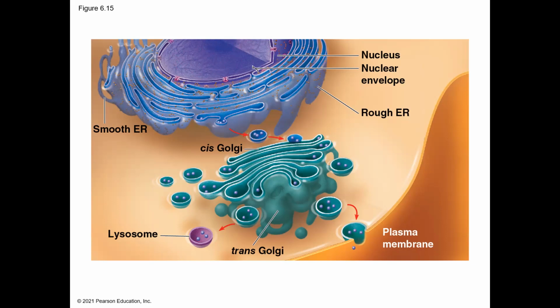And it will send those products to the Golgi, which is your shipping and receiving warehouse, and the Golgi would then send those products either to different places in the cell or outside the cell. And then, of course, if something needs to be recycled, there are lysosomes that are able to do that.